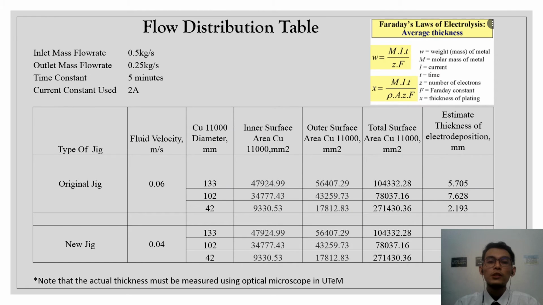This is the flow distribution table after I have confirmed the key parameter to be measured. We cannot obtain the accurate thickness of electrodeposition. However, we can estimate it by using Faraday's law electrolysis equation.